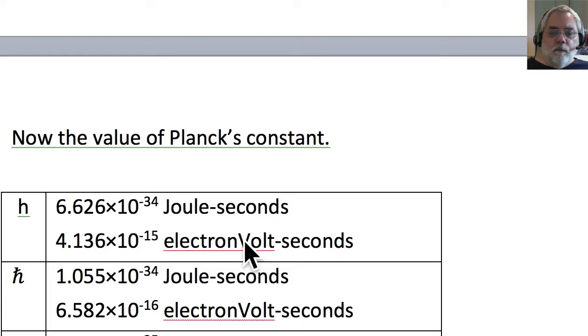So electron volt is a nice bite-sized energy unit. It is what we use in quantum mechanics. You're probably not familiar with it. You might be familiar with a volt, though. Car batteries for gasoline and diesel cars, the car battery is usually 12 volts.